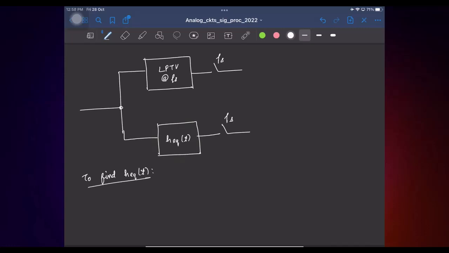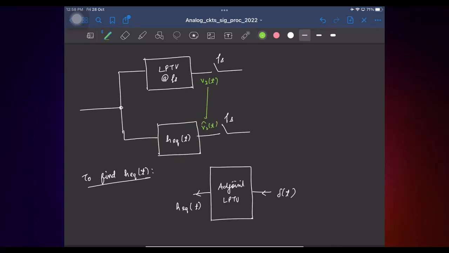You form the adjoint network and you apply delta of t here and measure what is the output. Is that fine? And this directly gives us H equivalent of t. Okay. And you might remember that these two signals need not be equal. Only the samples are equal.